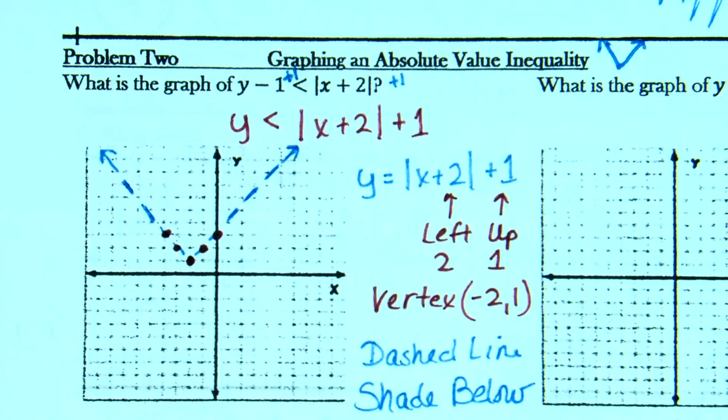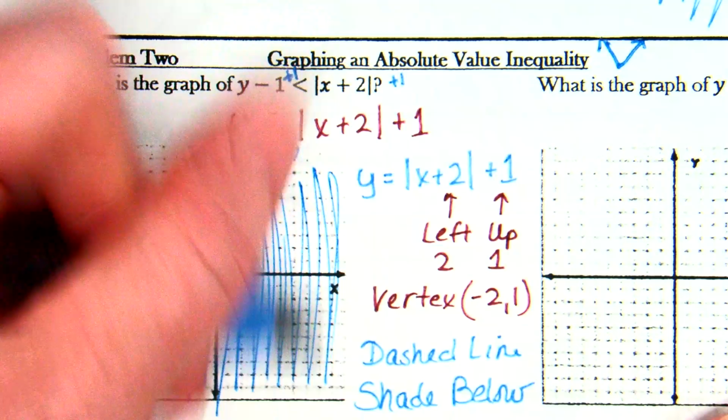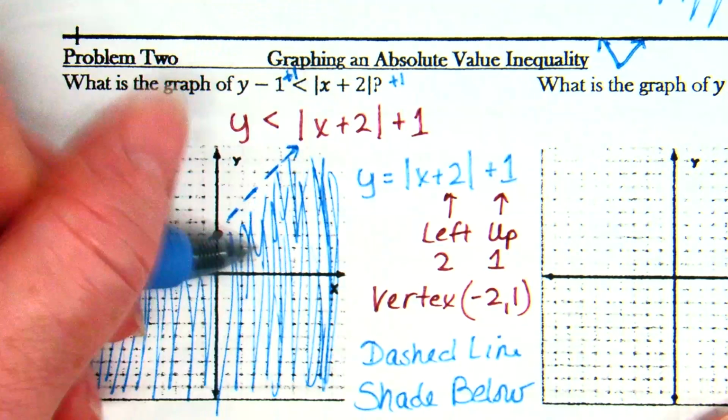Is it underneath the left and right branches? In this case, it is pretty much outside of the V, everything outside of the V. That is your below. If you make your lines go all the way up, it should look something like that.